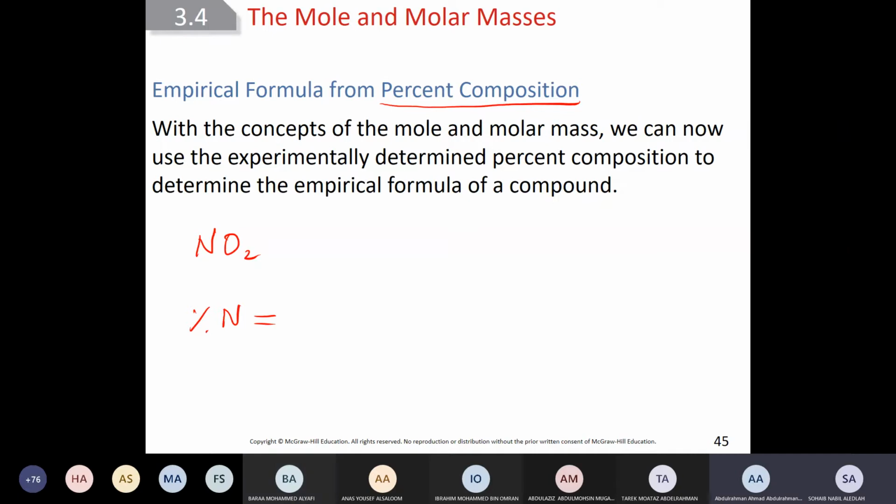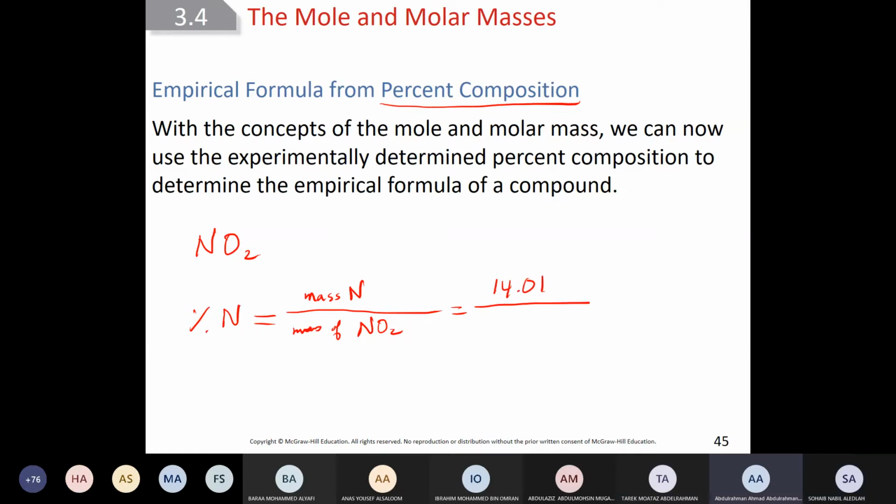The mass of nitrogen over the mass of the whole molecule, NO2. What's the mass of nitrogen by itself? 14.01.